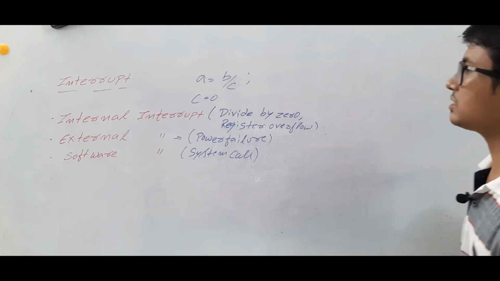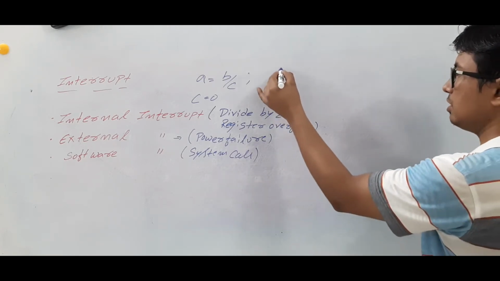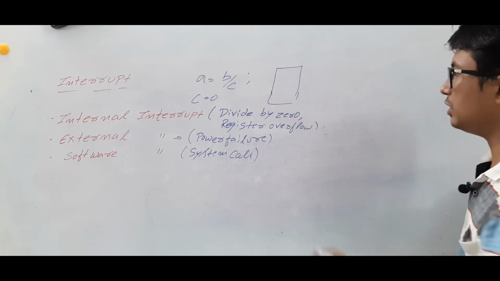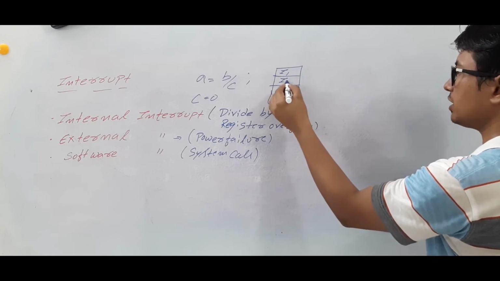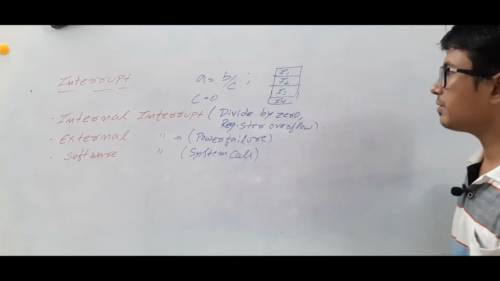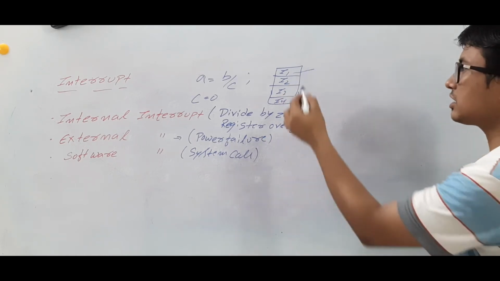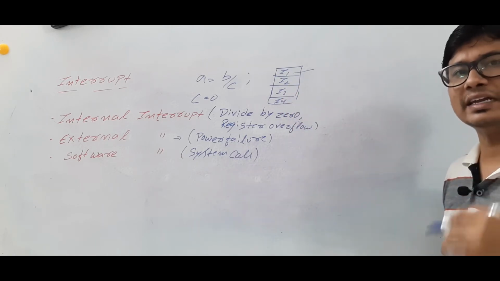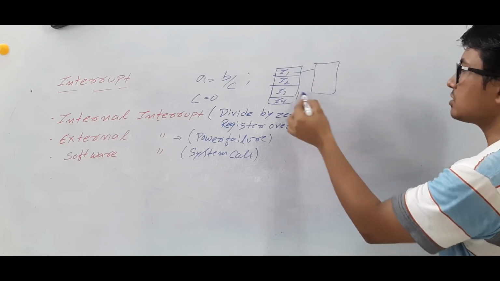Now let me discuss how an interrupt is different from a subroutine. In a subroutine, whenever you are executing instruction 1, instruction 2, instruction 3, instruction 4, you may not execute the entire instruction, and then you go for the subroutine.